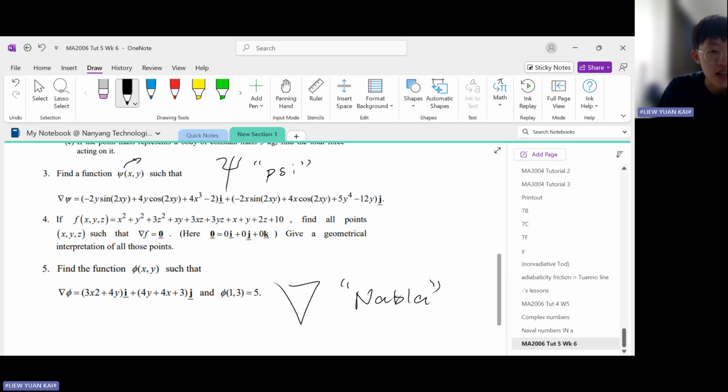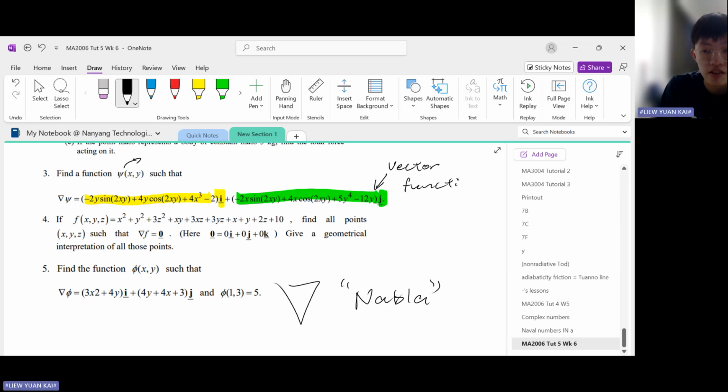Nabla of psi is this vector function. See, it's not just a normal function like we learned before. It's a vector function. See, it is some function with an I component, some function with a J component. Okay, so this is what you call a vector function.